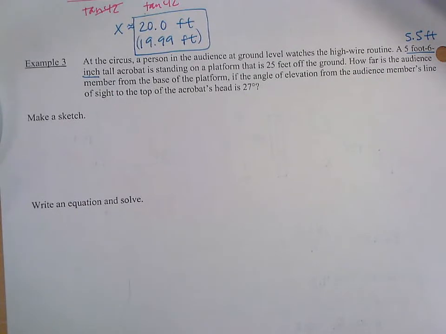I'm going to switch these around. This distance would be 25, and then your acrobat is on top, so this whole thing is 30.5. And if you're looking for how far the audience member is from the base of the platform, this is what you're looking for. So if you needed help with the sketch to understand that. But otherwise, I'm going to pass out the assignment. I can check your final answer. If you have it, make sure you have it set up right.